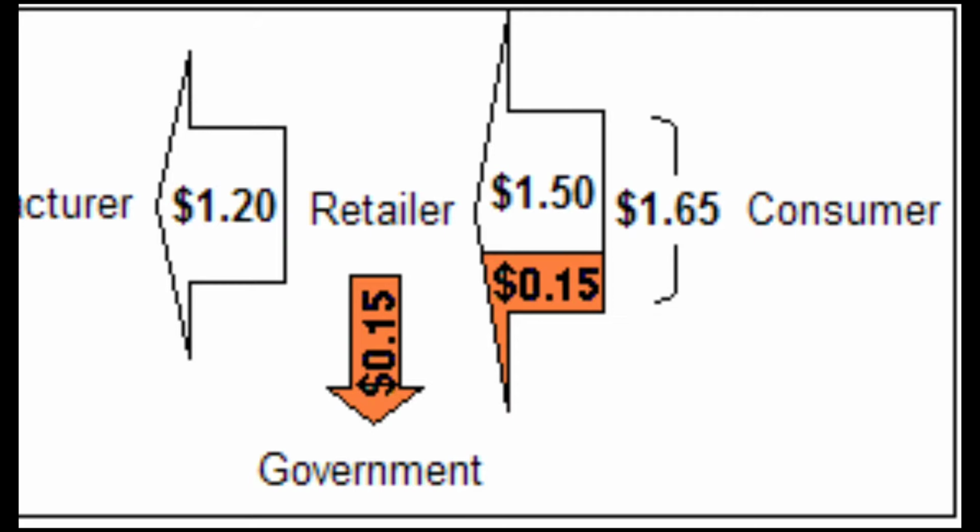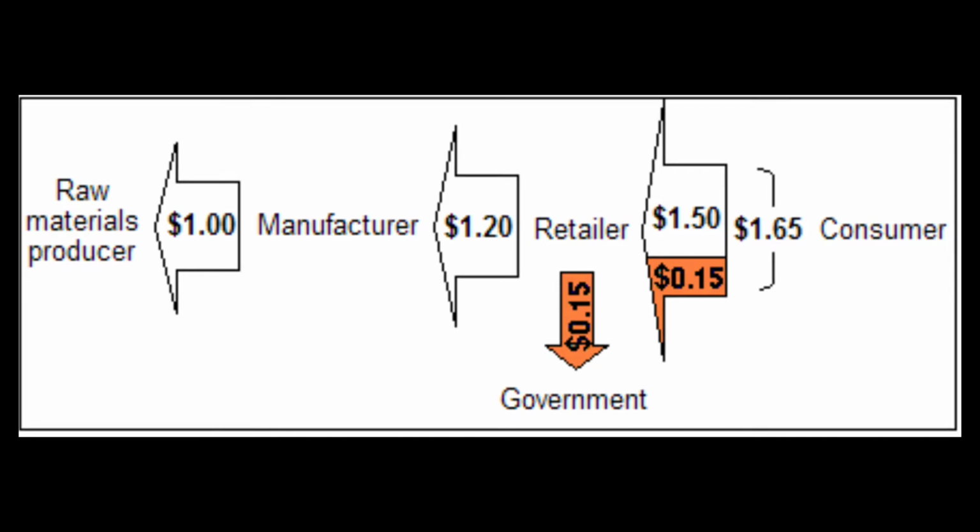Remember, sales tax is only paid by the end consumer, and the end consumer is paying sales tax of $0.15. When the retailer receives that $0.15, he pays it to the government. So the retailer is only a collecting agent. He is only collecting sales tax on behalf of the government from the consumer. This is the overall picture, from producer to manufacturer to retailer to consumer.